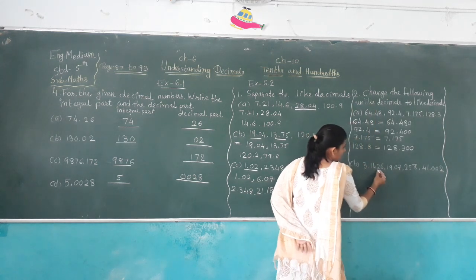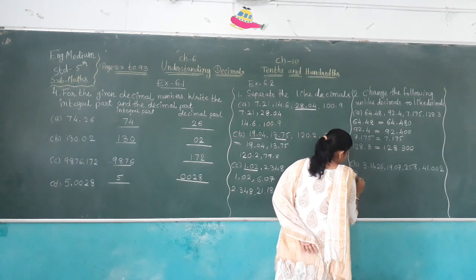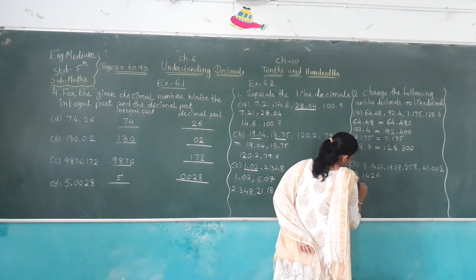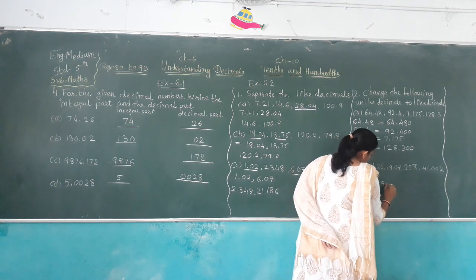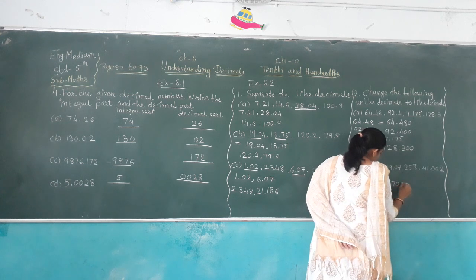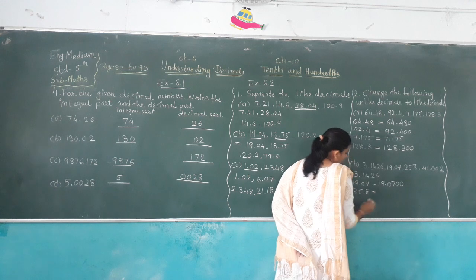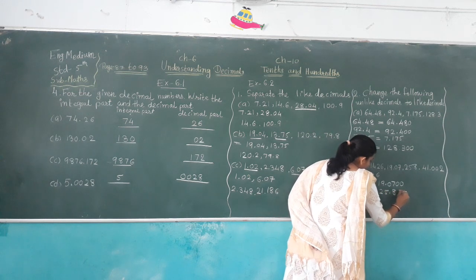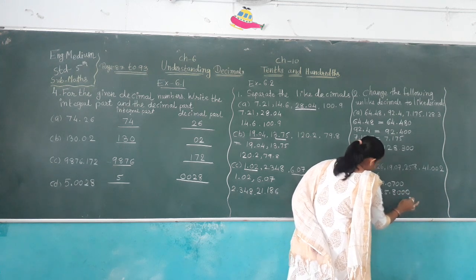Again, the next one has 4 digits after the point: 1, 2, 3, 4. So 3.1426. Then 19.07 has only 2 decimal places. Keep two zeros: 19.0700. Here 25.8, after the point 1 decimal, so 25.800, 1, 2, 3, 4.